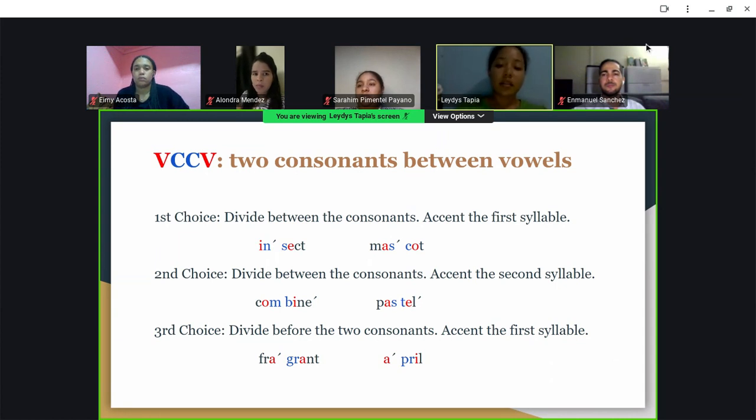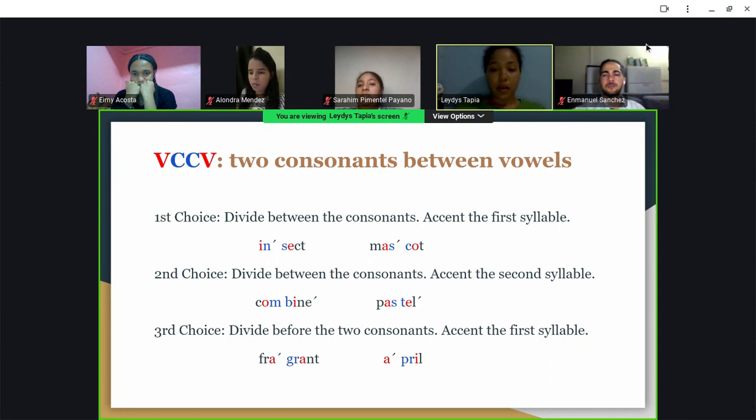So I have combine, for example, two syllables, combine, and then you may want to divide between the two consonants, after identifying the pattern. And the third choice is to divide before the two consonants, and the accent will go to the first syllable.